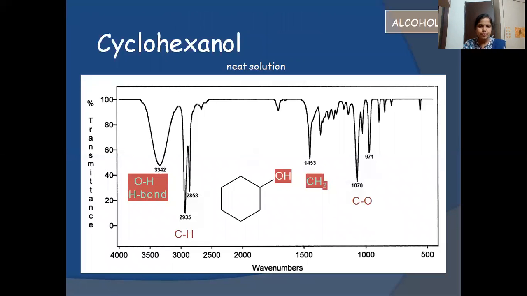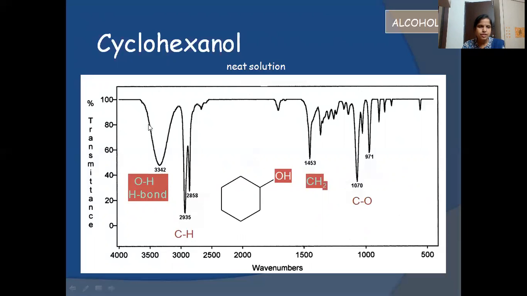With an example, we can show the spectrum. It is cyclohexanol. This is the cyclohexane ring, to which an OH group is attached. So in cyclohexanol, the OH group is present, and we should find OH stretching vibrations, which should appear from 3300 to 3600.